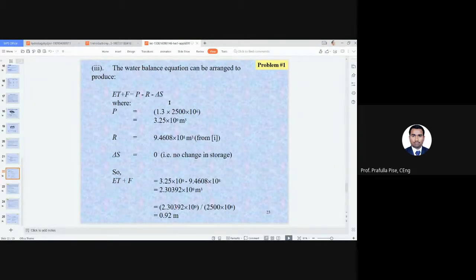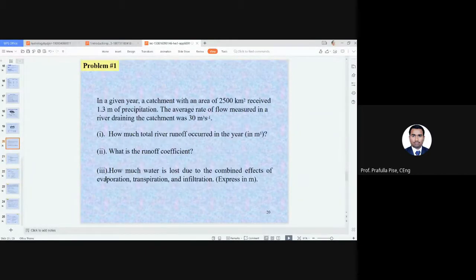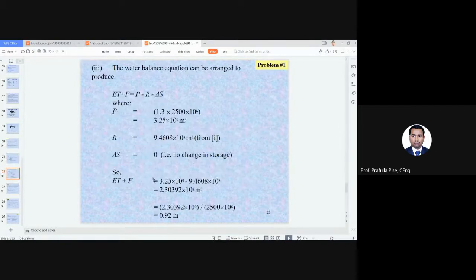Now ET plus F is what you can call the losses, evapotranspiration and infiltration. Sometimes you call infiltration F, or sometimes I. ET is evapotranspiration. So you put all these values in this equation, and you will get the total loss in meter cube.